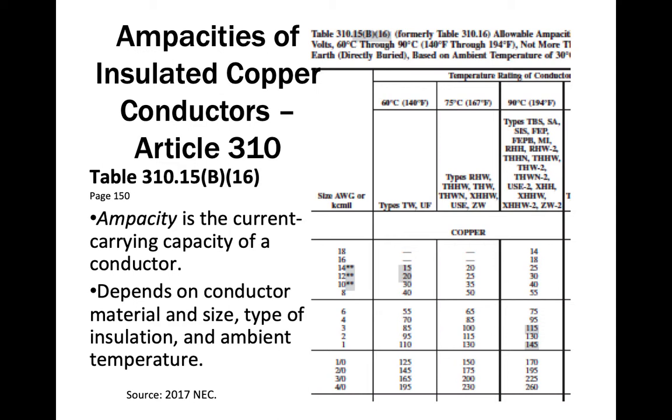And so in order to keep the insulation from melting off, I have to reduce the ampacity to keep it from overheating. And then next up, the highest category is the 90 degrees C conductor, or insulative jacket on a conductor, and that has the ability to carry the highest amount of ampacity.